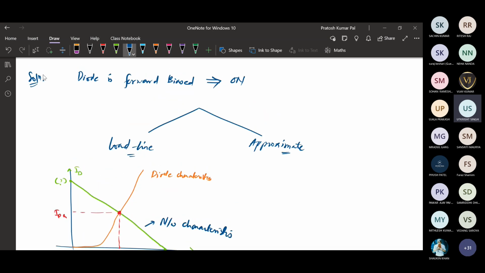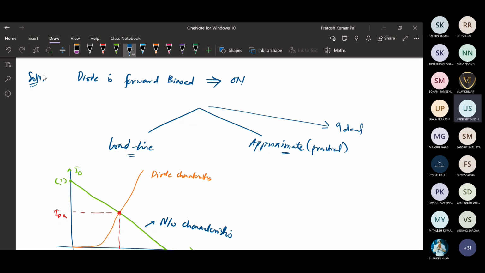So one method is the load line method, otherwise approximate. The next method is the case where the diode is considered ideal. The approximate method is nothing but the practical method, where the diode is considered a practical diode, and the next method is the ideal method, in which we consider the diode working in ideal mode.